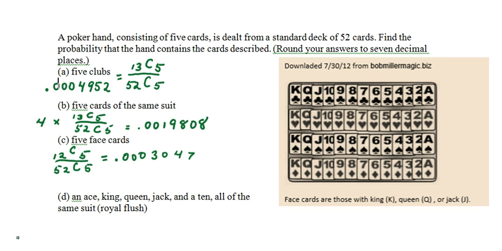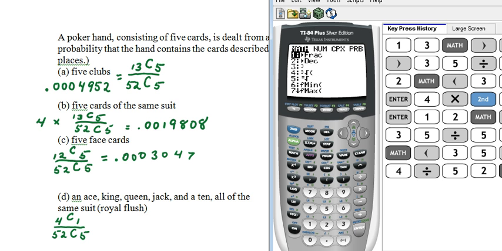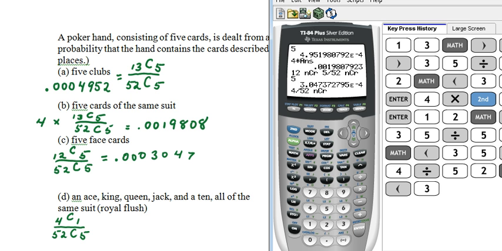So we have to choose one suit out of 4, 4C1 divided by 52C5. 4C1 is just 4, so 4 divided by 52 NCR 5, enter.